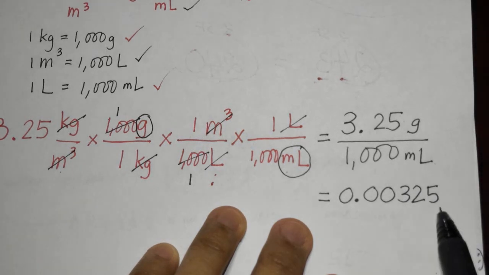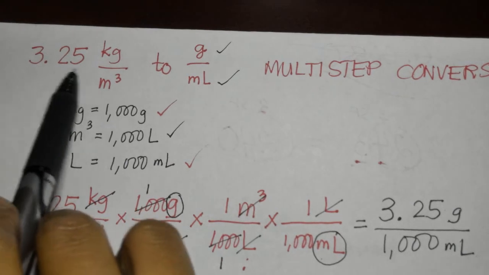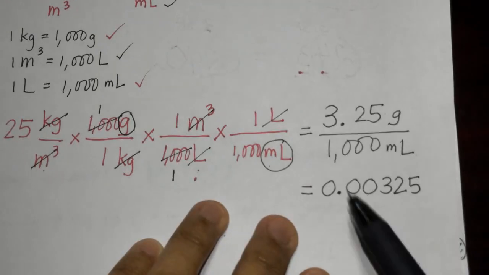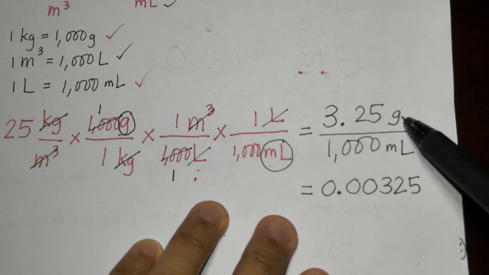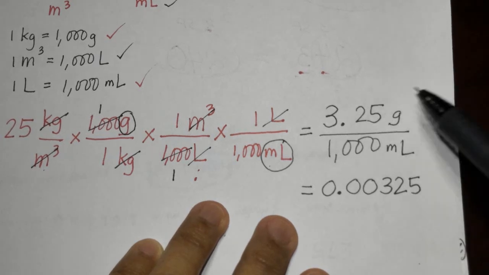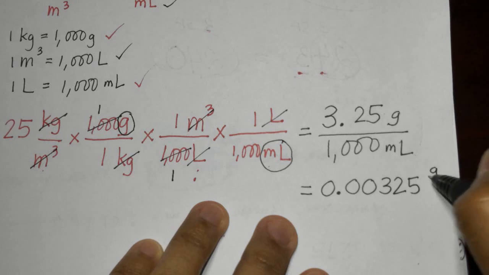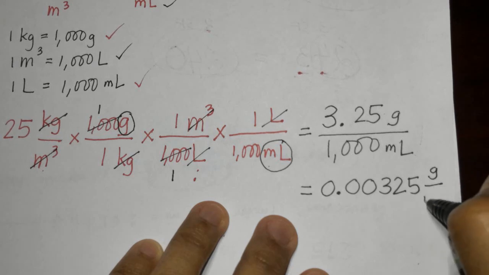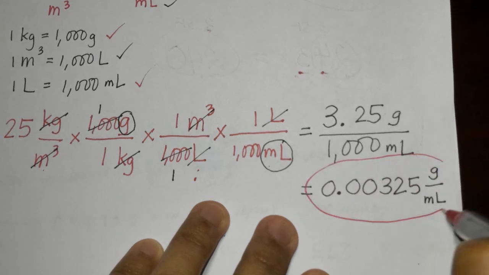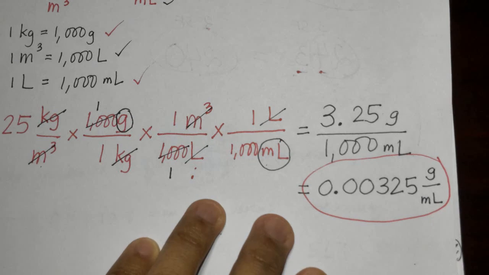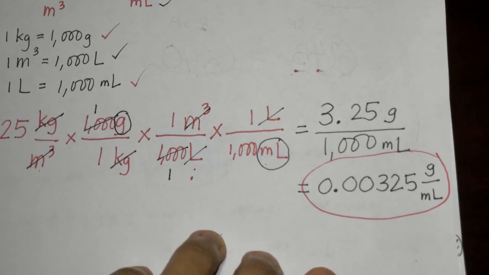That's 3 significant figures, and in the given, it's also 3 significant figures. So no need to change anything in here. And then what's the final unit again? Just copy everything here. That's grams per ml. And that is the final answer to your third item there. Okay?